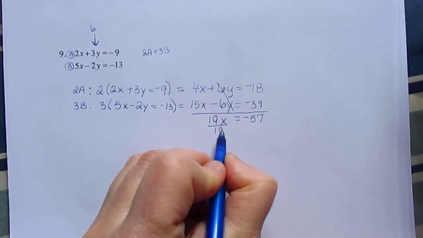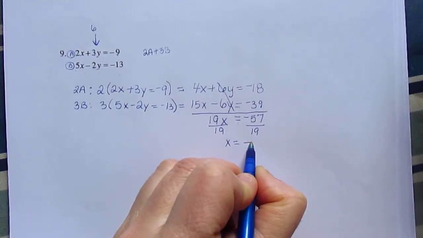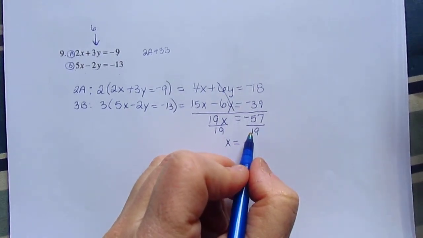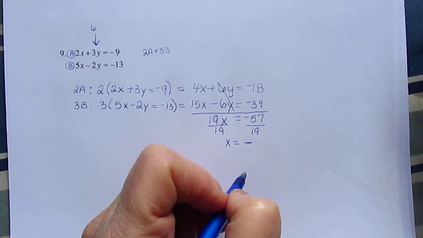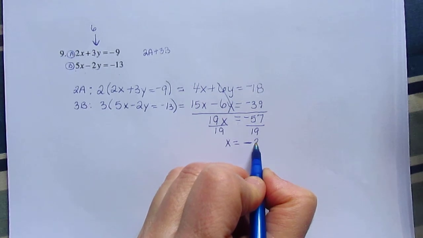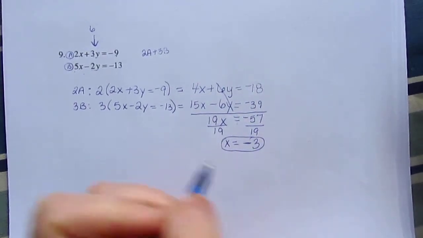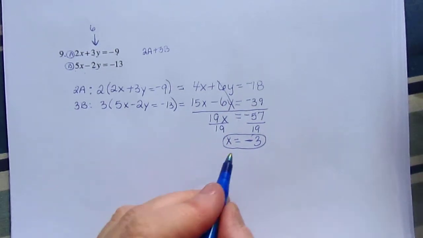Okay, divide both sides by 19. I know the answer is negative. I am hoping it's a whole number, but it might not be. If it's not, that's okay. We lucked out here. x equals negative 3. You just keep going if it's a fraction. So far I think x equals negative 3.